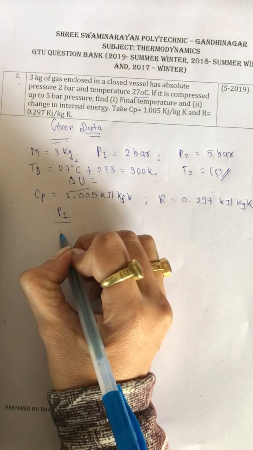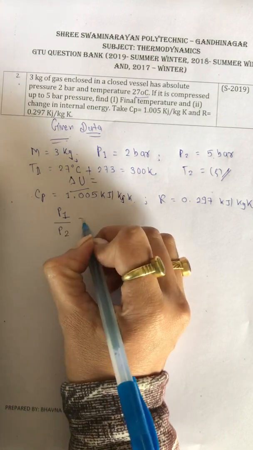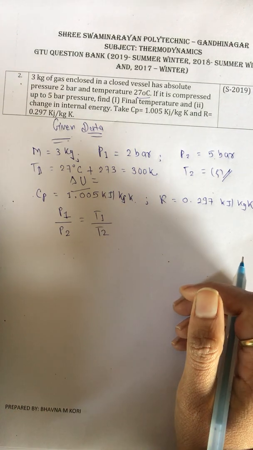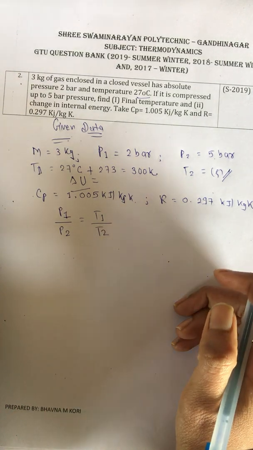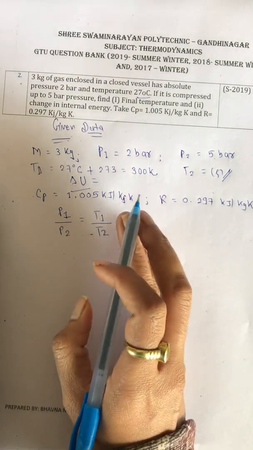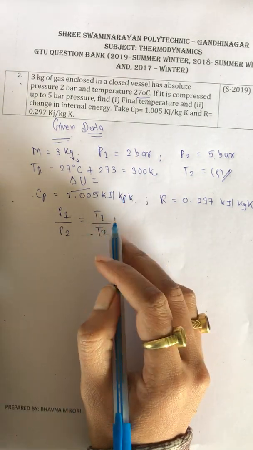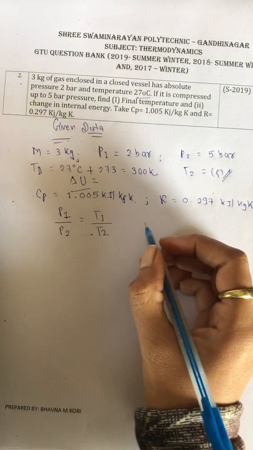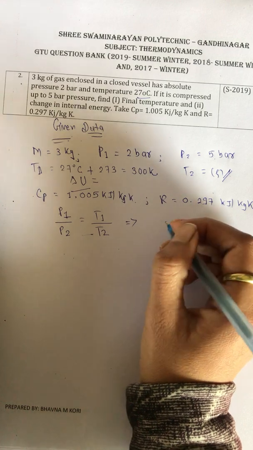That is P1 by P2 is equal to T1 by T2. Here no value for volume is given, that's why we will use P1 by P2 is equal to T1 by T2. Now put the values of P1, P2 and T1, then we can find the value of T2.